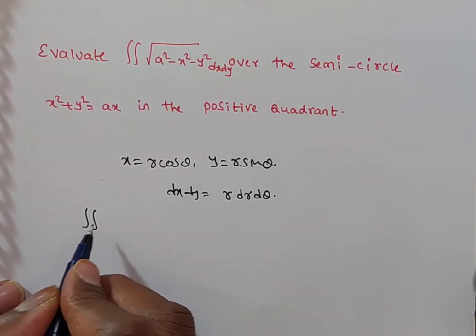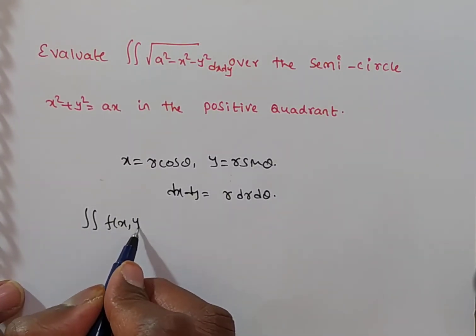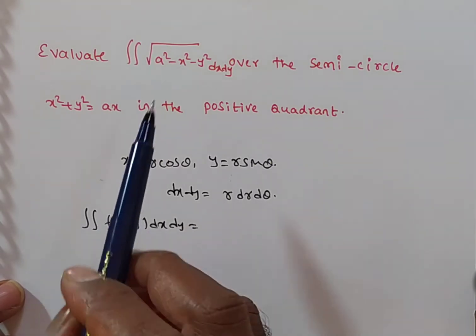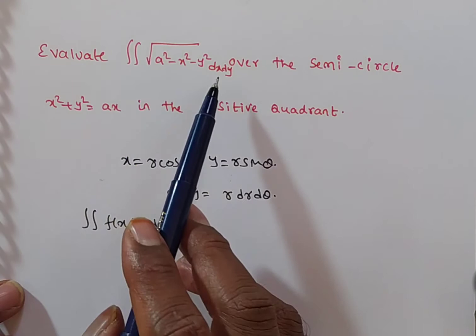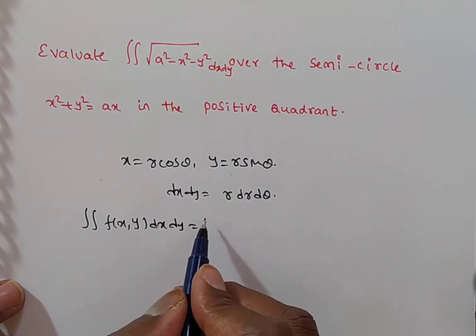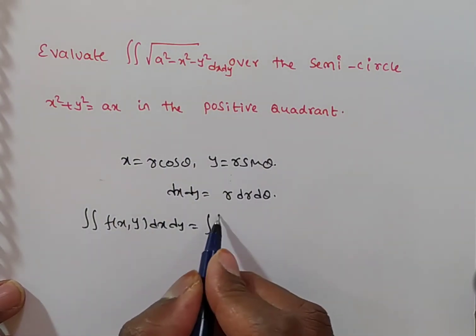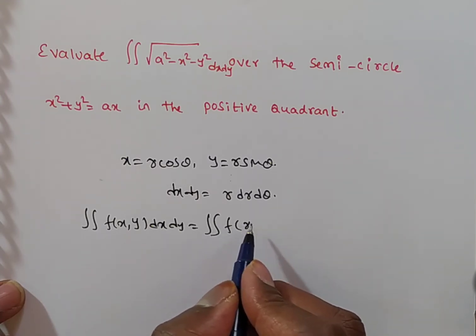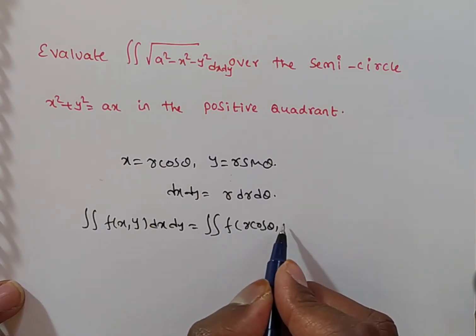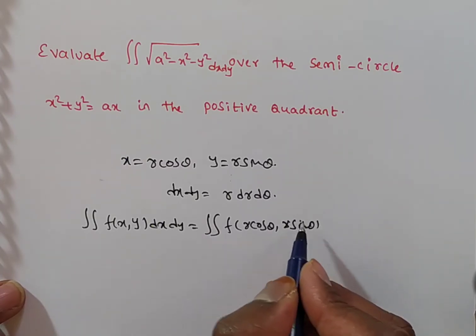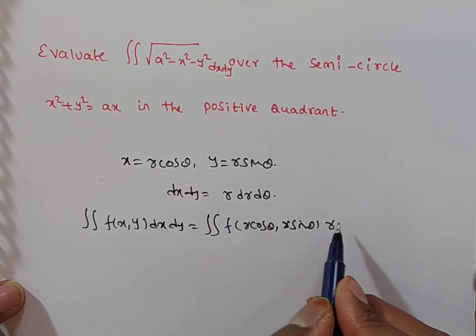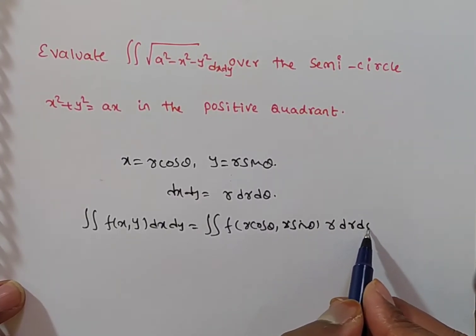In general, if the double integral is given as f of x comma y dx dy, then changing into polar coordinates we have the double integral of f of r cos theta, r sin theta times the Jacobian, that is r dr d theta.